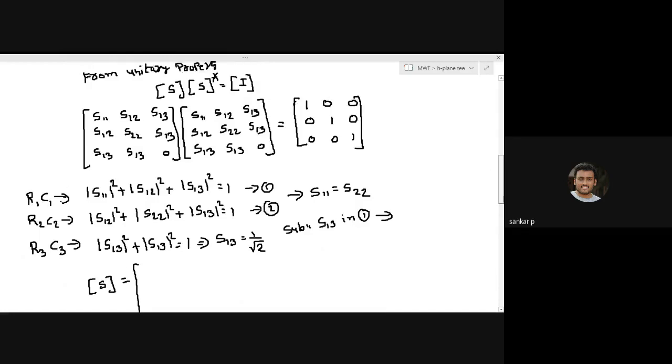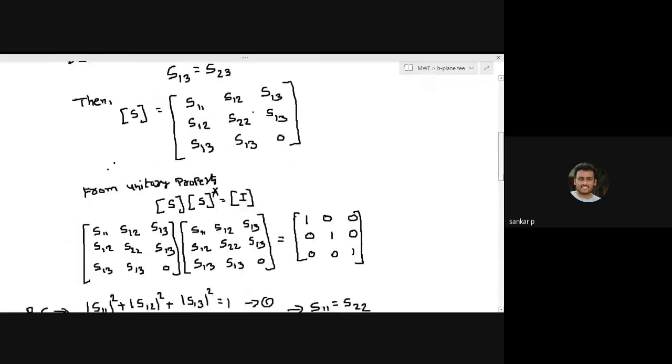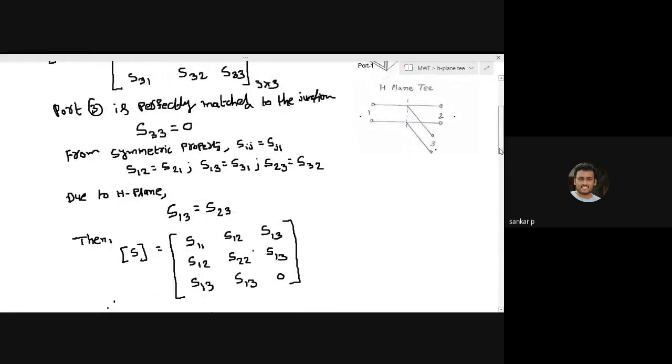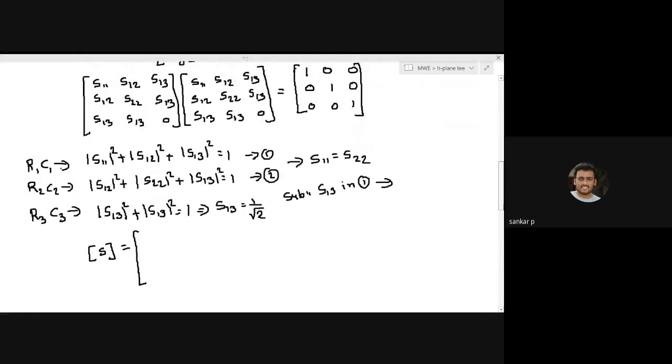From equation number 2, S12 square. I will take equation number 2 here.